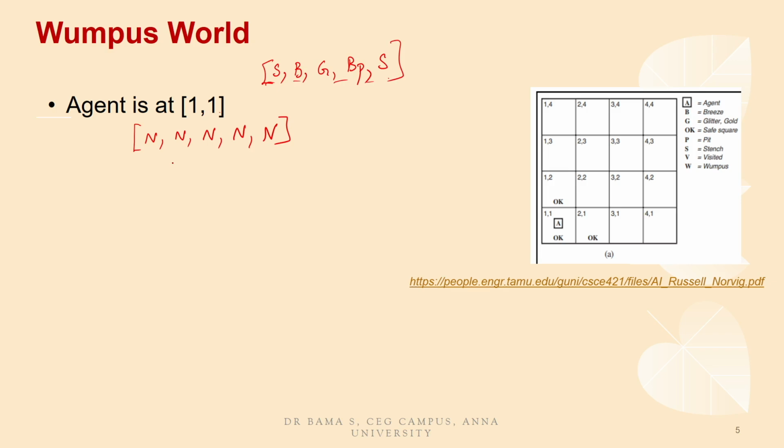When he is at 1 1, there is nothing here. So, the agent assumes that he can go either here or here. It is safe to go to 2 1 or go to 1 2.